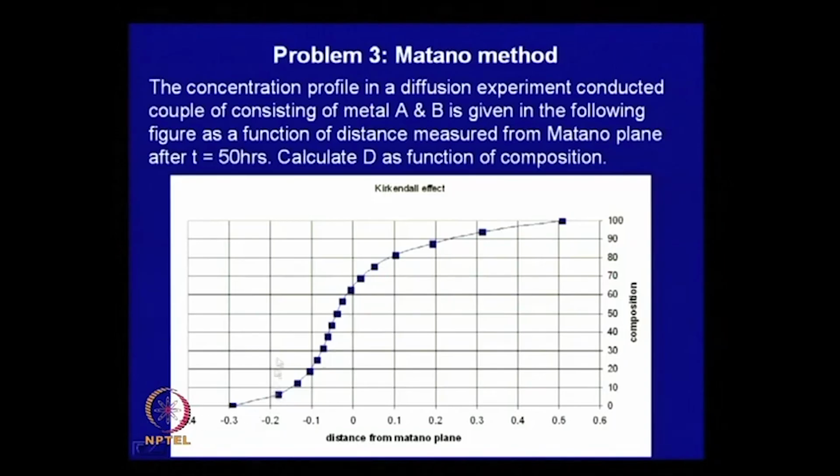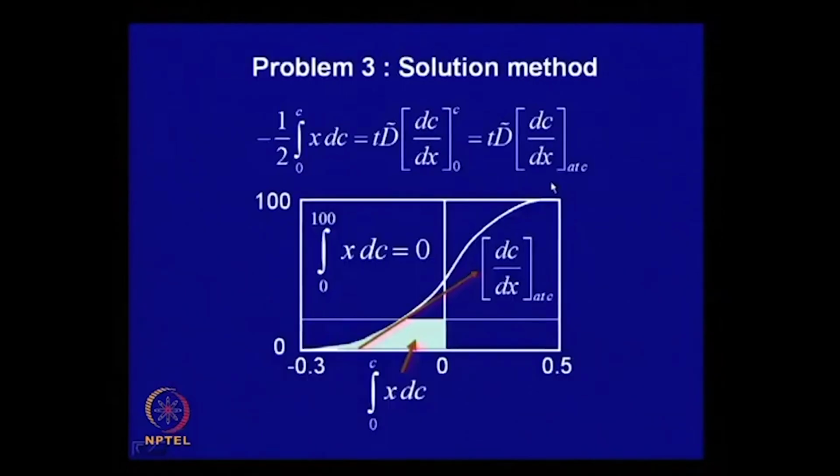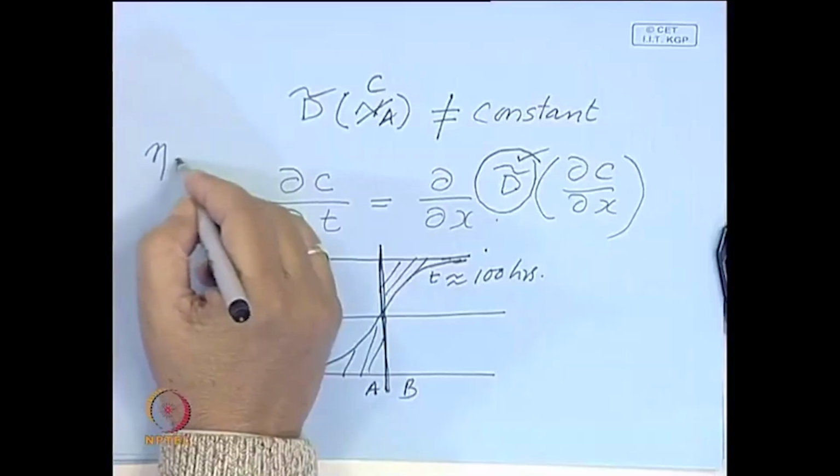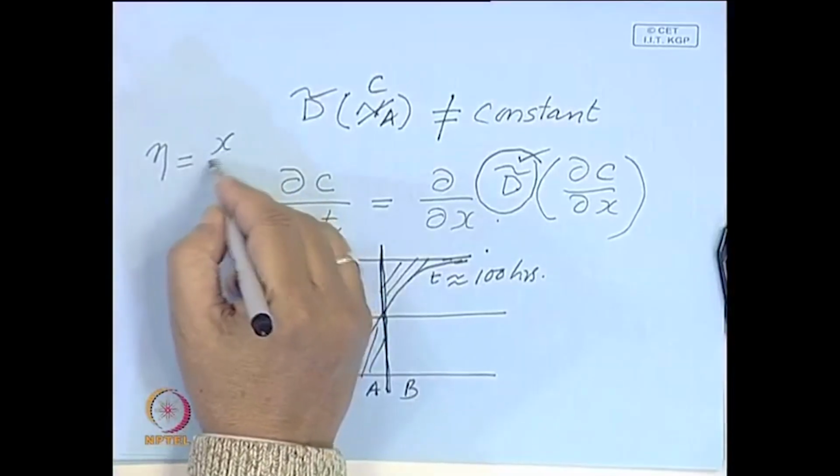Now, suppose this is the concentration profile at time 50 hours, then calculate D as a function of composition. If you recollect the procedure, we have seen that with just a substitution of variables, the variable that we transformed is eta, which is x over root t.